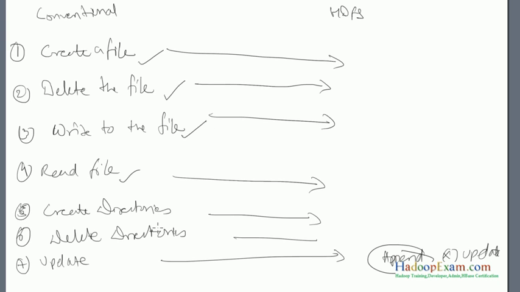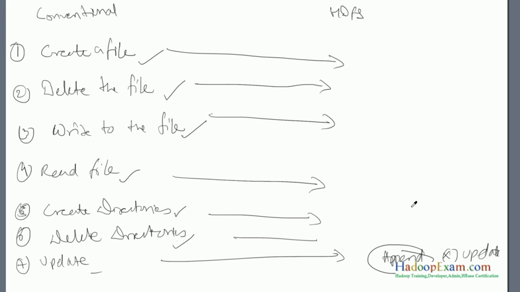You can create directories to manage files in whatever folder structure you want, and delete directories. Update is not directly supported on already written files. Somehow you have to create a new file and replace your existing file to get the update.